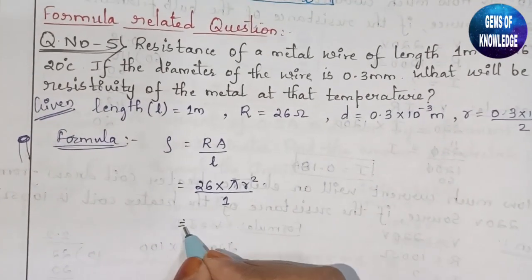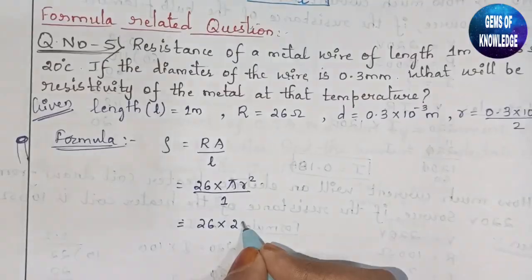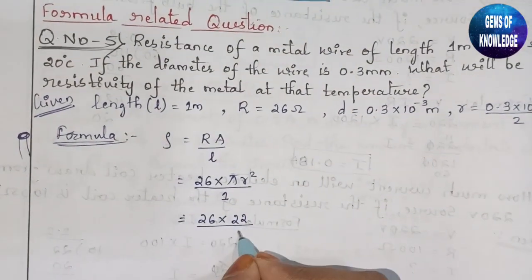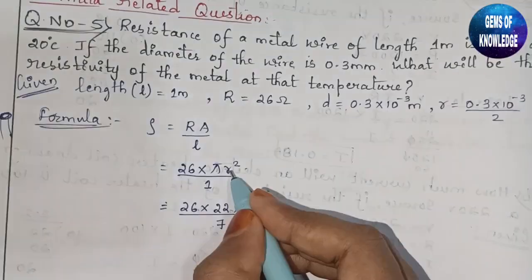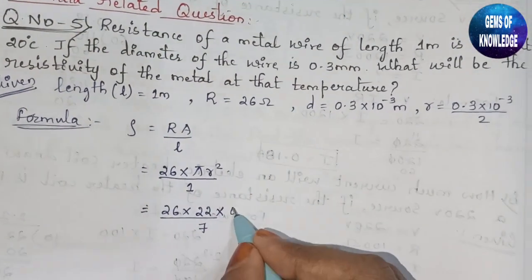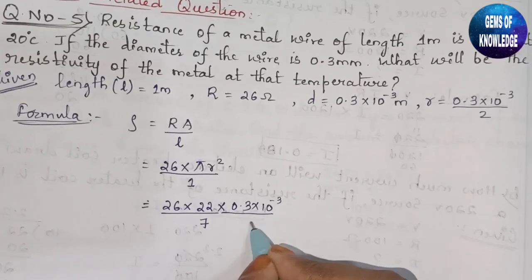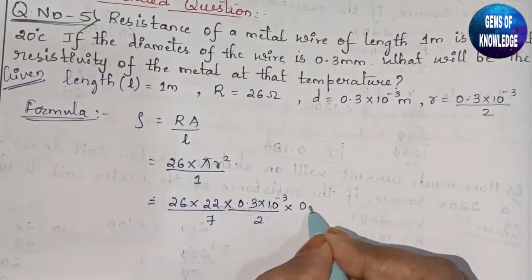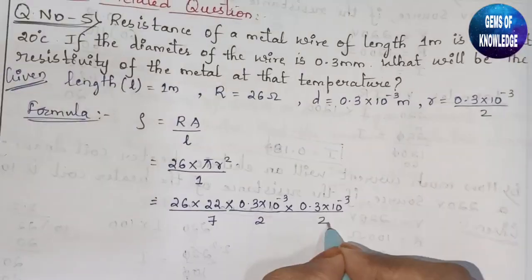Let us substitute 26 as it is. This pi can be written as 22 by 7 into r square, which means r is taken 2 times. That is 0.3 into 10 to the power of minus 3 divided by 2, into again 0.3 into 10 to the power of minus 3 divided by 2.